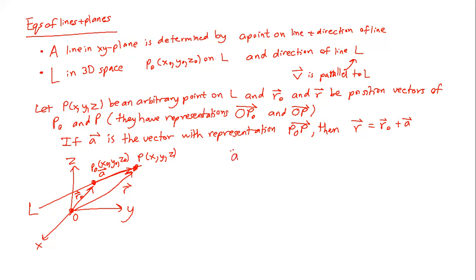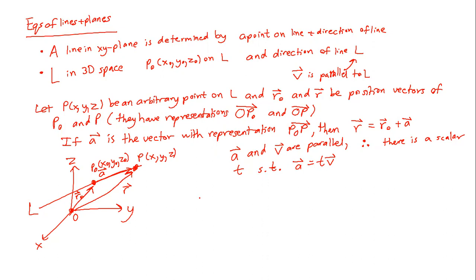But we also know that A and v are parallel, which means by definition that, therefore, I'm going to use this little symbol to represent therefore, there is a scalar t such that this A is equal to t times v.